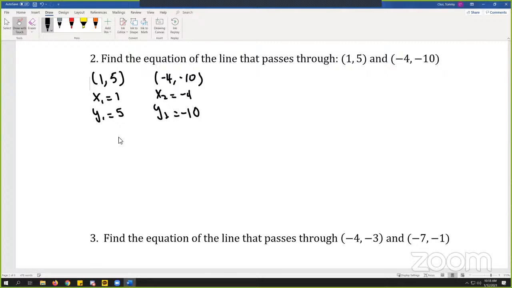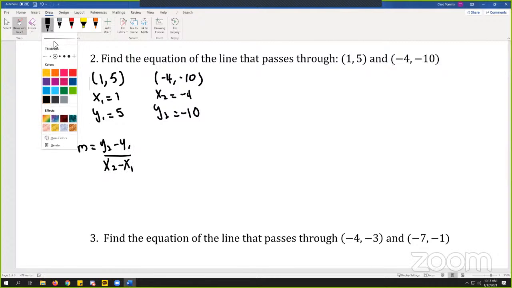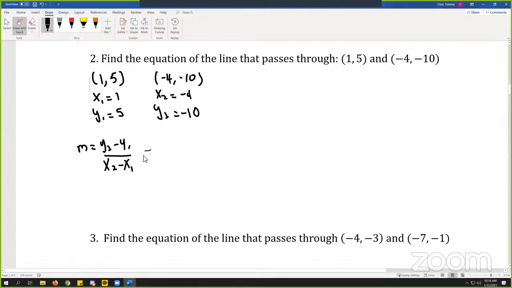Once we have that down, we can now solve for my slope. So slope is y2 minus y1 over x2 minus x1. Maybe I can go a little bit thinner because we're so zoomed in. And that's going to be equal to y2, which is negative 10, minus y1, which is 5, divided by x2, which is negative 4, minus x1, which is 1.